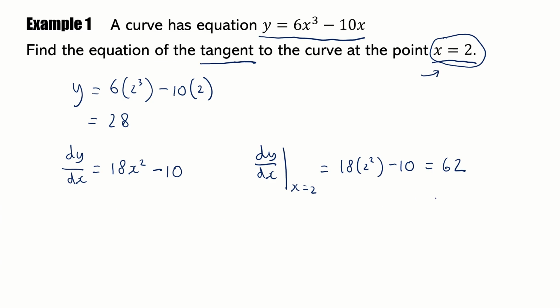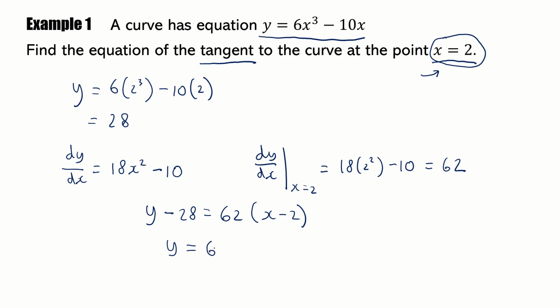So we've now got all the information we need to be able to find the equation of the tangent, because we've got the gradient of the tangent and we've got the coordinates of the point that lies on the tangent. So it's going to be y minus our y-coordinate equals the gradient lots of x minus the x-coordinate. We have not been told what format we need to leave the line in, but I'm going to leave it in the format y equals mx plus c, because that just feels natural to do.